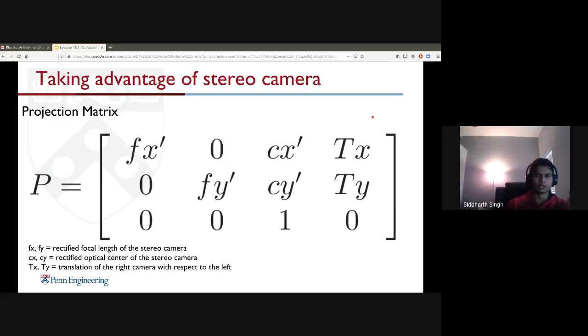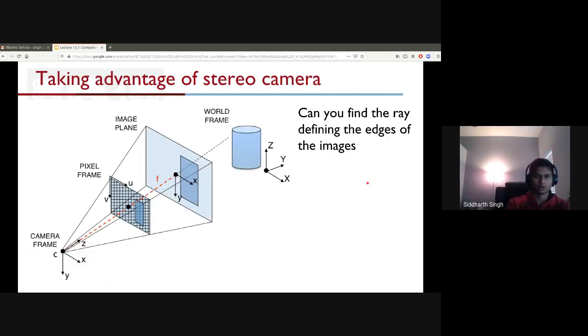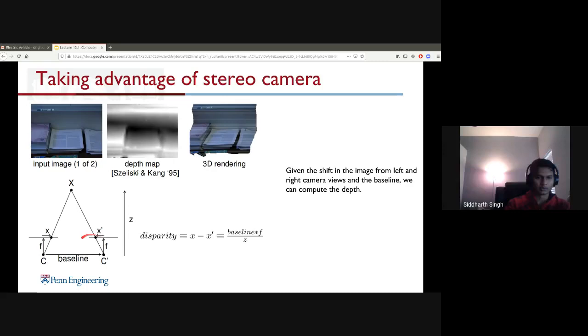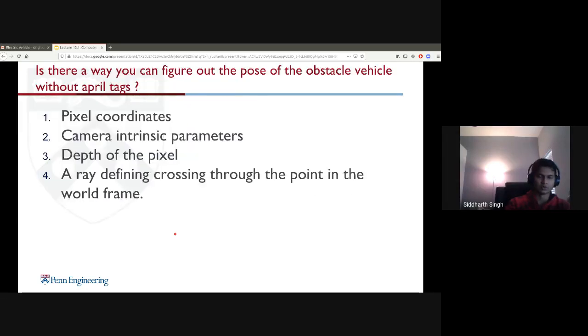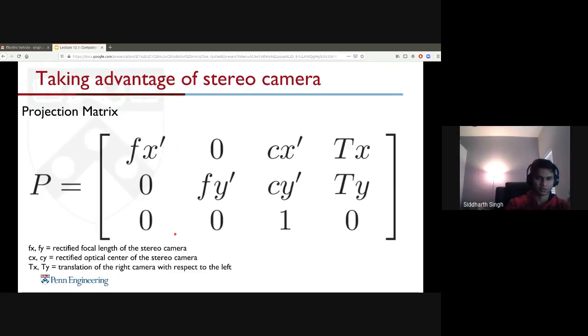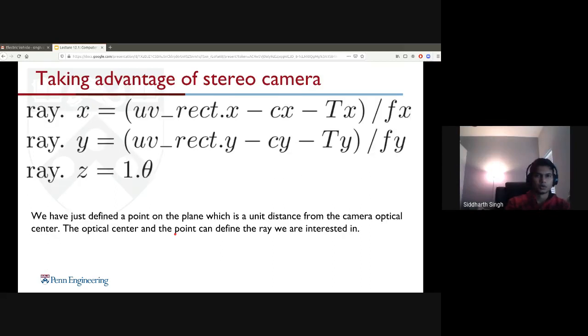Similar to what we have seen in the single view geometry, you have the focal lengths fx, fy, you have the optical centers, and you have the translation, but the addition is this tx and ty, which is the translation of the stereo camera in the x and y direction from each other, the difference between them.